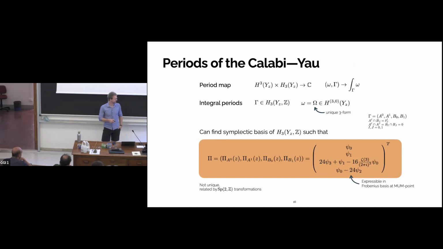And essentially what you can then write down is a very nice representation of your period vector, of these integral periods. So these are integrals over this top form. And you can actually express these periods in terms of these Frobenius spaces that I was telling you about at the MUM point. So there are very compact expressions for these in terms of these Frobenius spaces, and also some topological data which comes from mirror symmetry. Again, not so important.